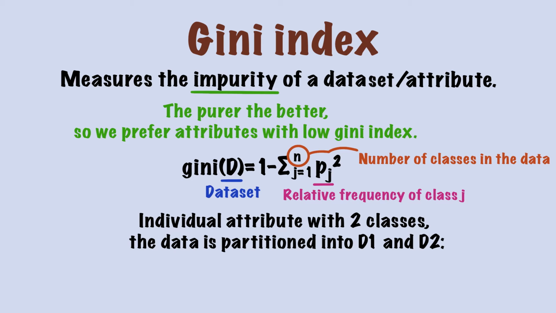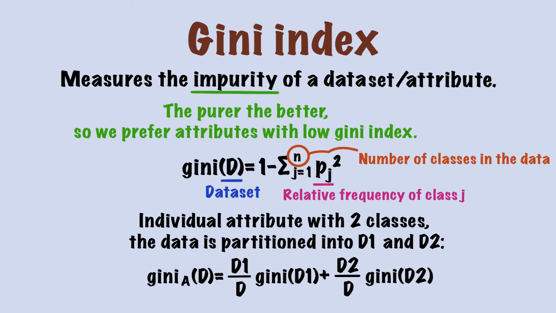However, to measure the Gini index of an individual attribute, we use the weighted sum of separate Gini impurity. In specific, if attribute A has 2 classes, the Gini index of that attribute is D1 over D times the Gini impurity of D1 plus D2 over D times the Gini impurity of D2.